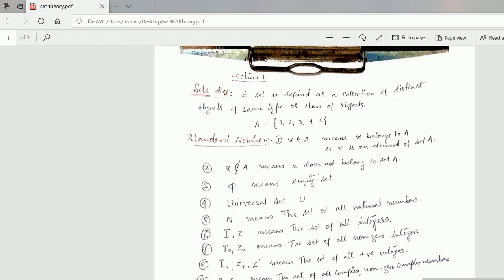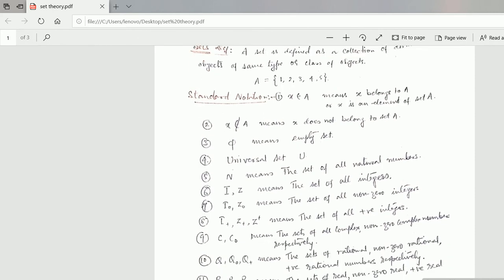Suppose it is written x ∈ A, it is read as x belongs to A, which means x is an element of set A. If it is written x ∉ A, this means x does not belong to set A. Third, ∅ means the empty set. Fourth, U means the universal set.